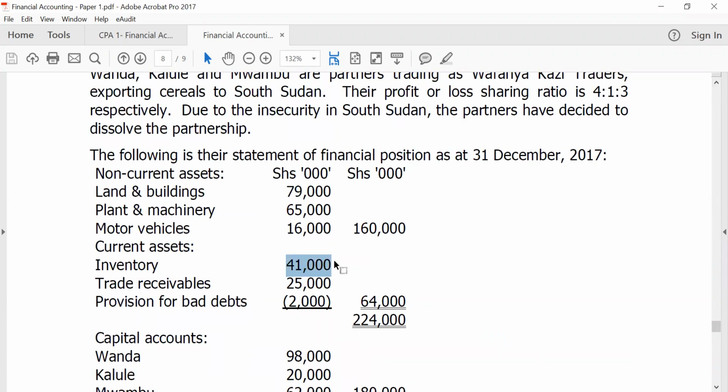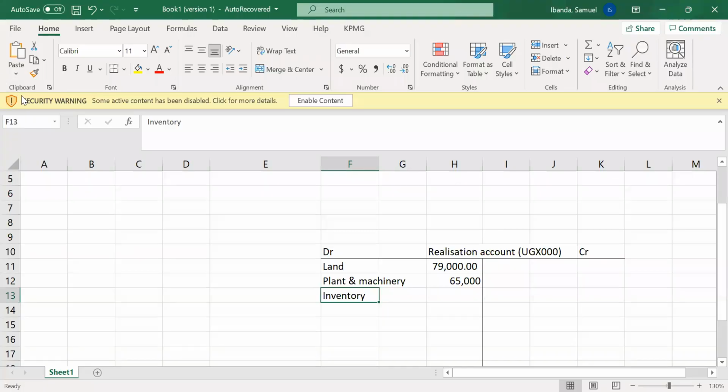So take it at 41, then the trade receivables as well. So you're seeing how we are doing the transfers.